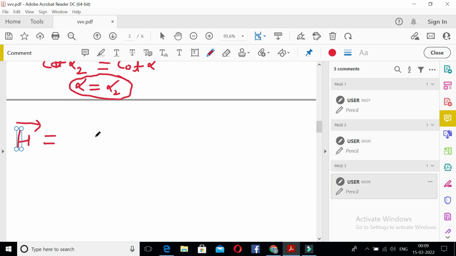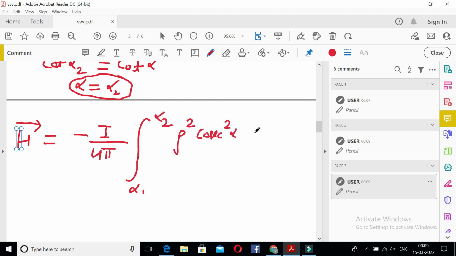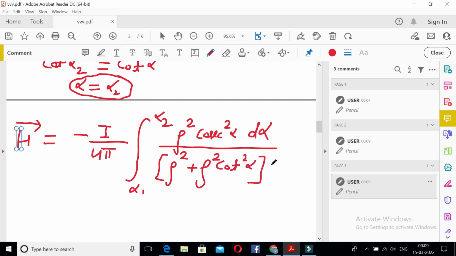H is equal to minus I upon 4 pi, integral from alpha 1 to alpha 2 of rho square cosec square alpha d alpha upon rho square plus rho square cot square alpha to the power 3 by 2 into a phi cap.